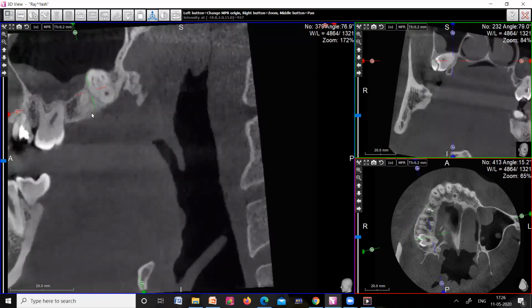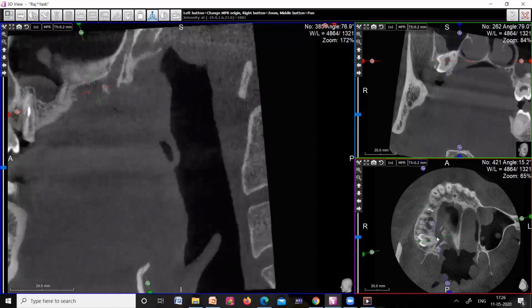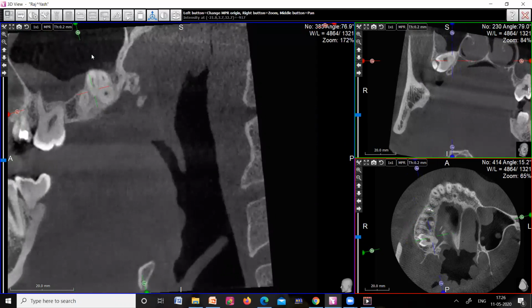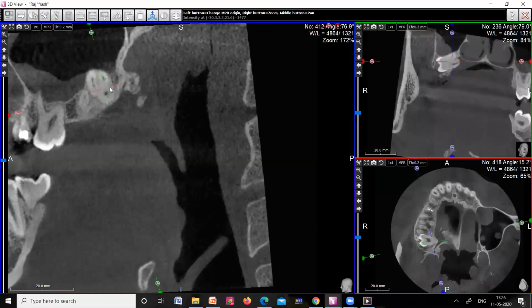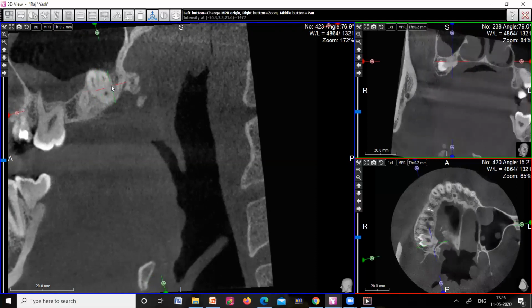This is 1, 2, and 3. And at the same time, they are in close contact with the maxillary sinus lining. So there could be a possibility of a perforation over here. So again, these are the small things which I need to keep in mind before any surgeon is planning an extraction, and all the vices as I told you.